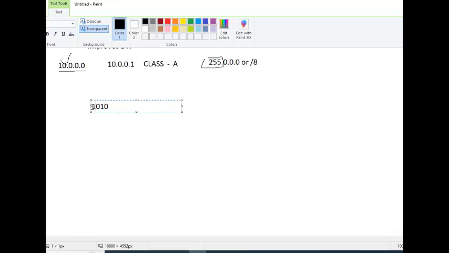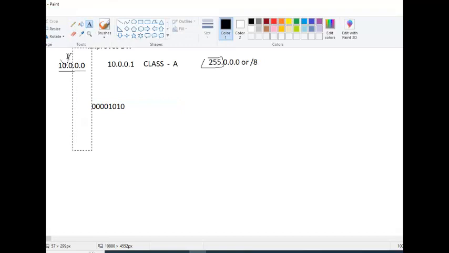But this is what is masked. The meaning of 255 is this. It means that these ones should never turn to 0, and these zeros should never turn to 1.